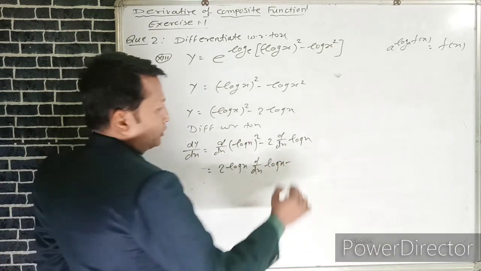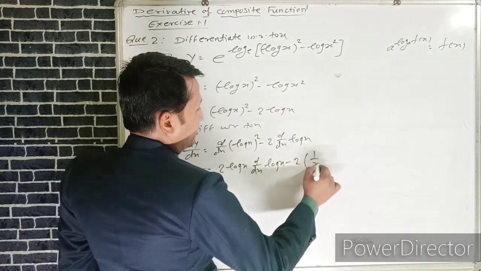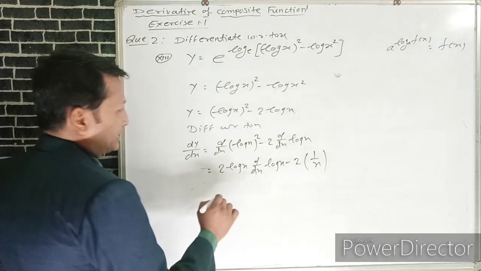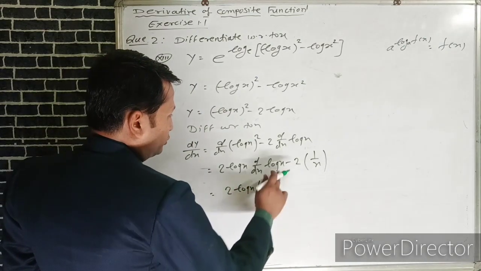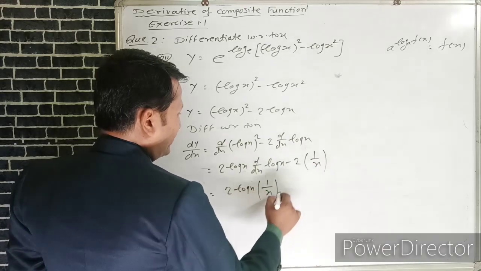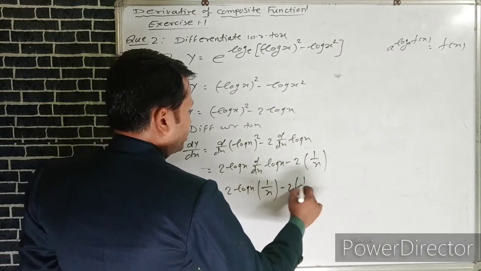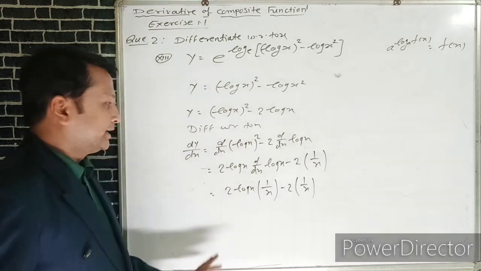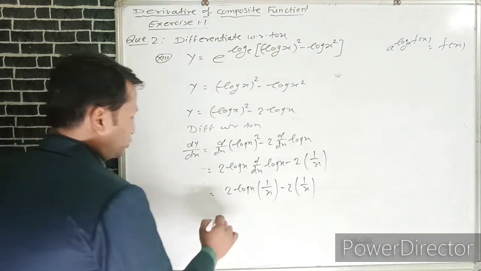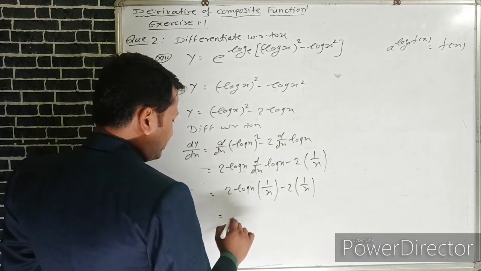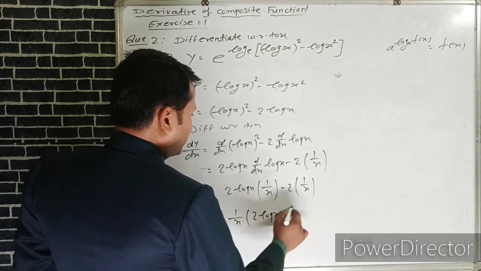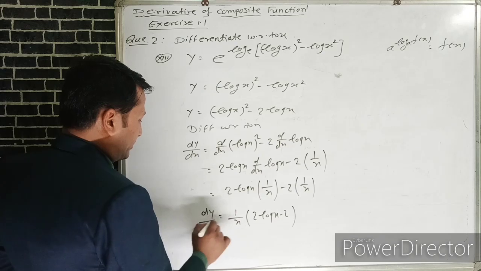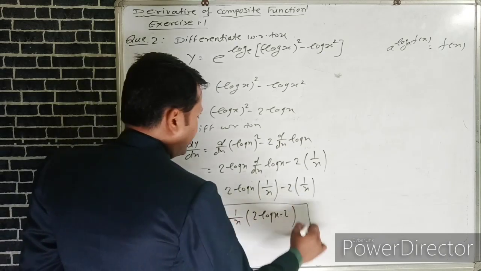Minus 2 is a constant, and the derivative of log x is 1 by x. Hence we can write this 2 log x into 1 by x minus 2 into 1 by x. If we take 1 by x common from these two terms, then we can write 1 upon x into 2 log x minus 2, which is the required derivative of y, dy by dx.